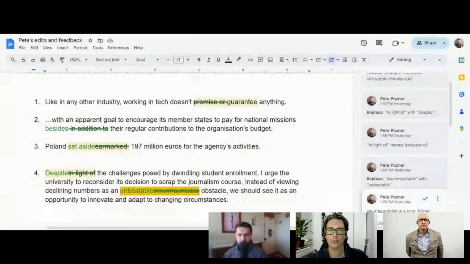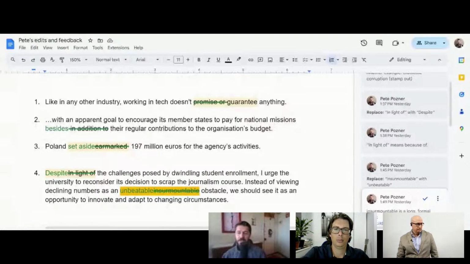One thing that Phil mentioned at the beginning about redundancy, right? So one common mistake is to use pairs of words where one is redundant. So for example, this client wrote, like in any other industry, working in tech doesn't promise or guarantee anything.